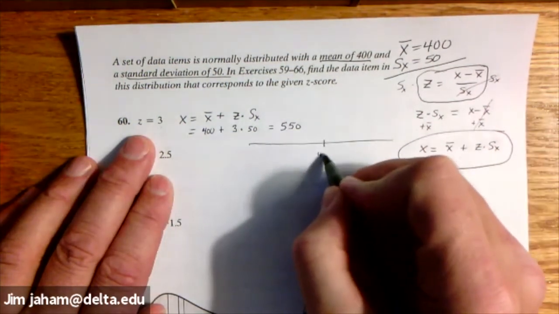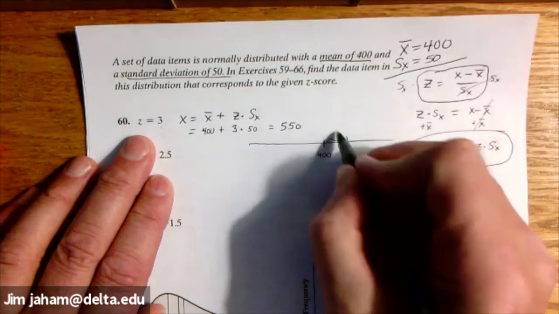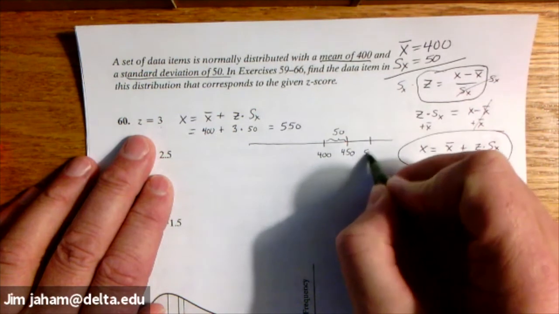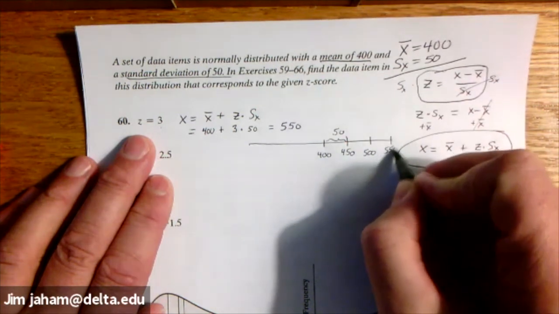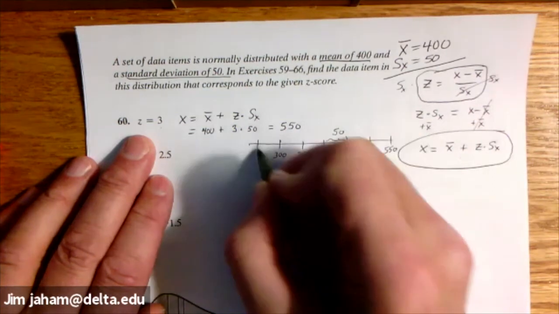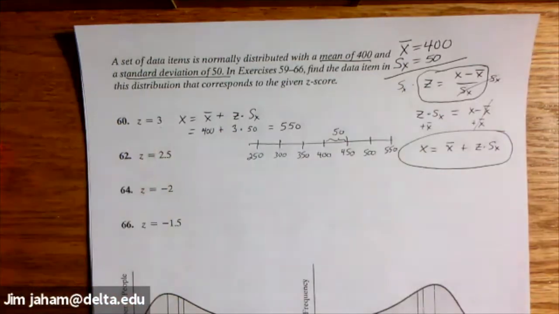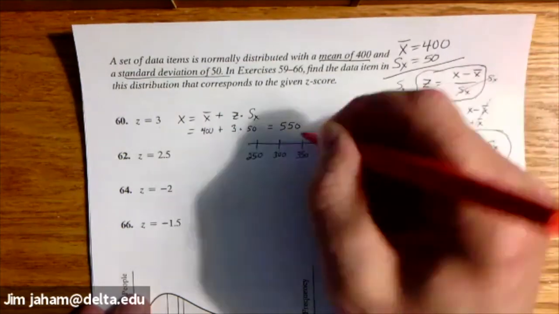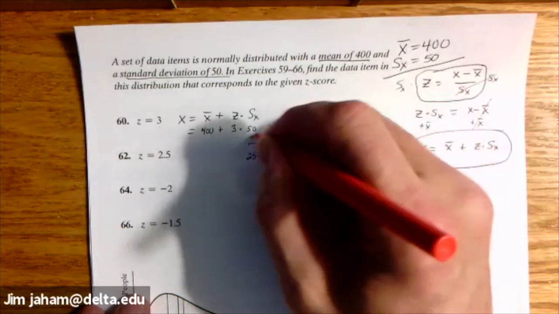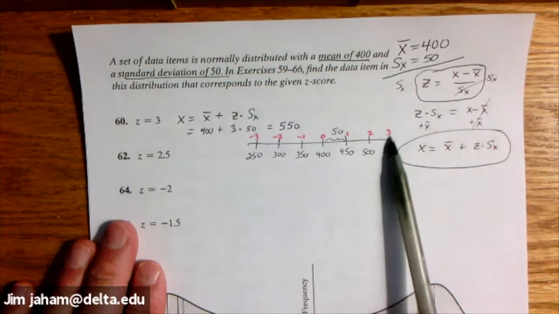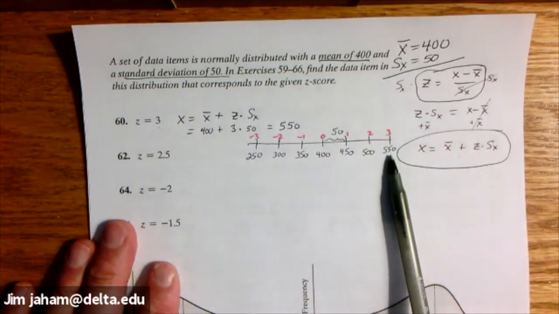If the mean is 400 and the standard deviation is 50, then this scale would look as follows. Like this. And then if you attach the z-score as another scale right on top of it, it makes sense that if you have a z-score of 3, the data value that corresponds to that is 550.